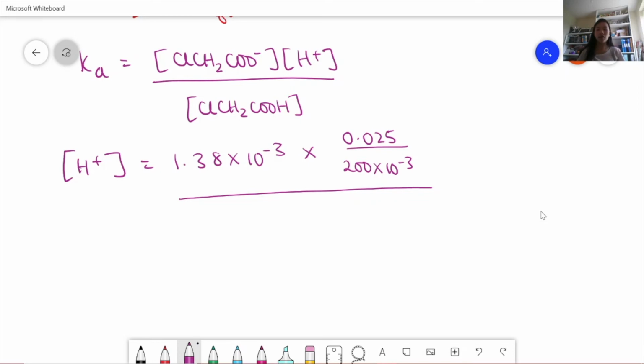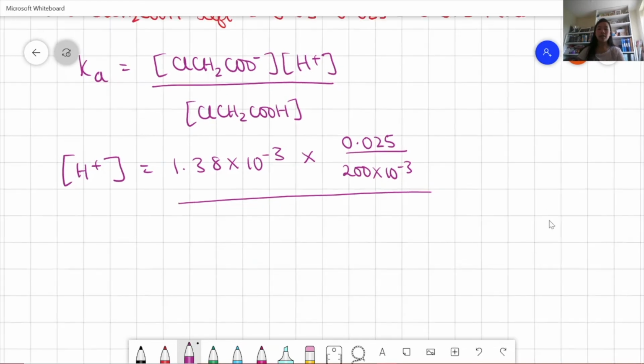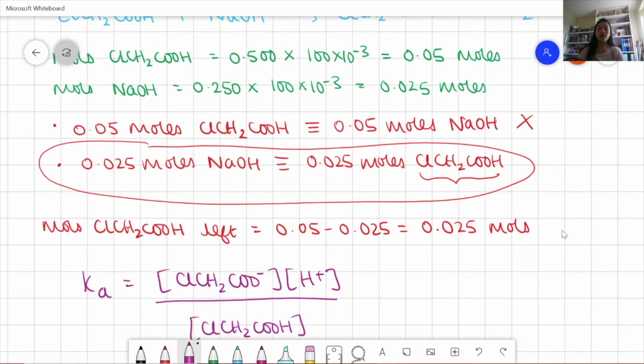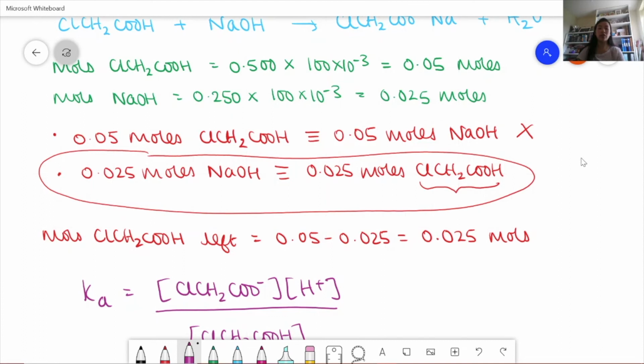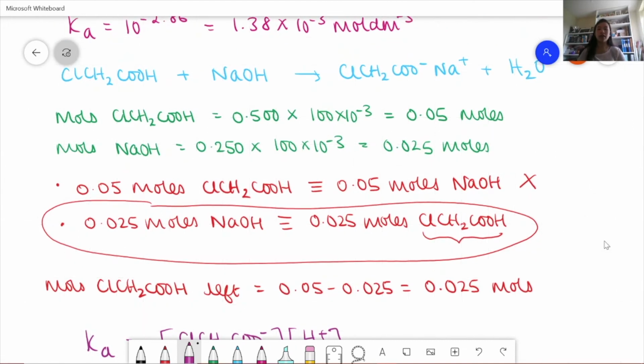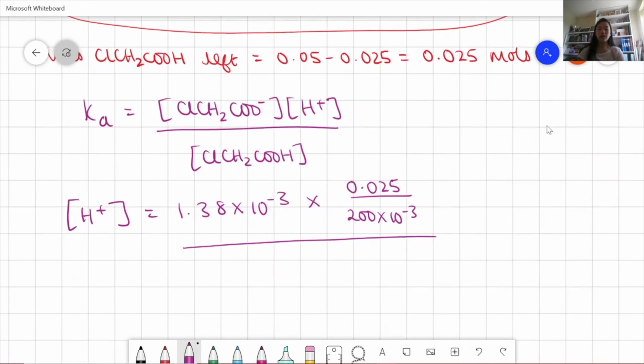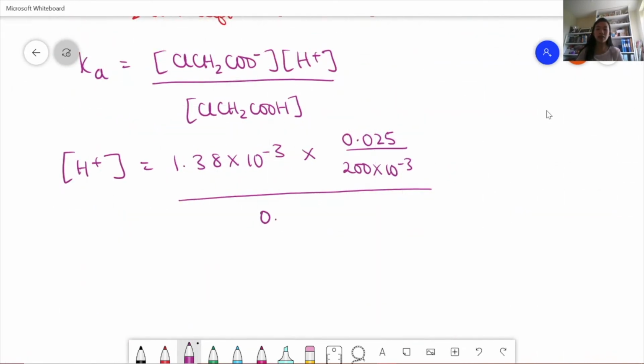And so the concentration of that is also 0.025 because we see from the equation that it's a 1-to-1 ratio between the sodium hydroxide and this ion. So if we're using up 0.025 moles of sodium hydroxide, then we must be forming 0.025 moles of this ion. And so again, we get 0.025 divided by 200 times 10 to the minus 3.